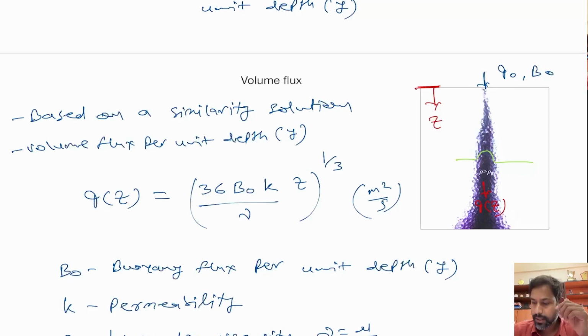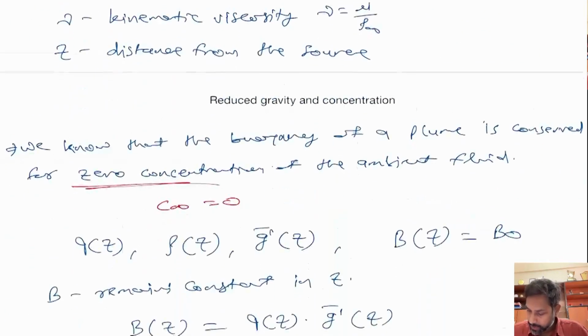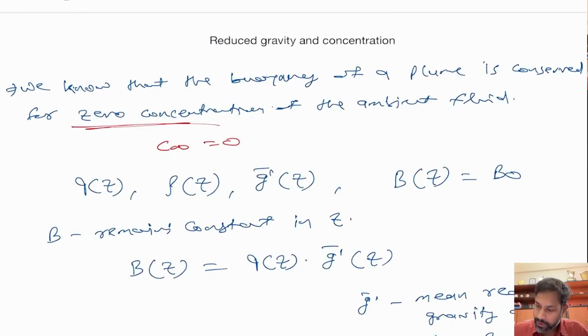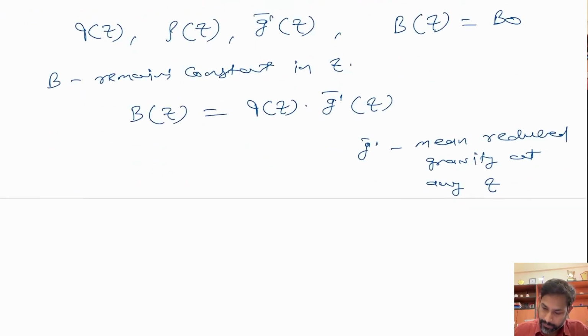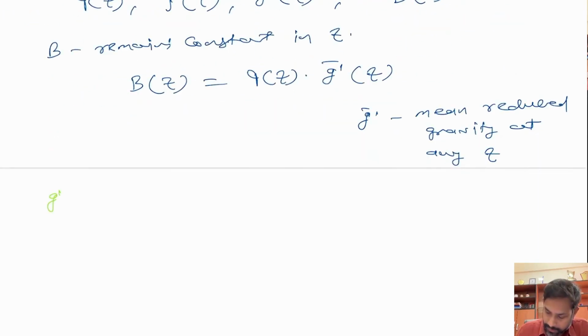It's not just a function of Z, it is a function of X as well. But in our modeling, we don't want to worry about this variation. We just say that there is, let's say, rho bar or G prime bar, etc. So that is the mean value. Okay, so we try to find the mean value so that we can avoid considering the variation in the X direction. Okay, and in that we can write G prime bar is actually a function of X and Z both, and we find the mean value just as a function of Z. So we find the mean value in the X direction.